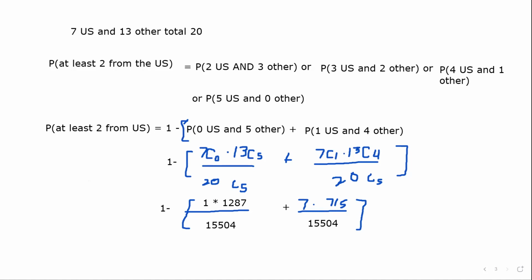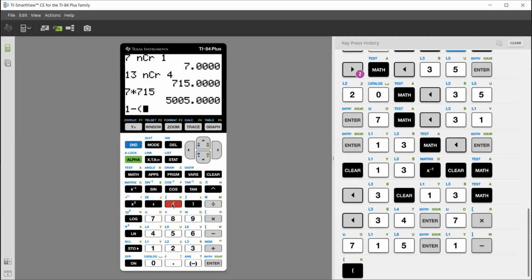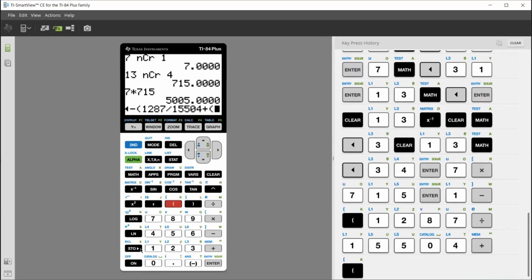So we have 1 minus, parenthesis, 1287 over 15,504, and I'm adding to it. When you multiply, let's see if I did this right.